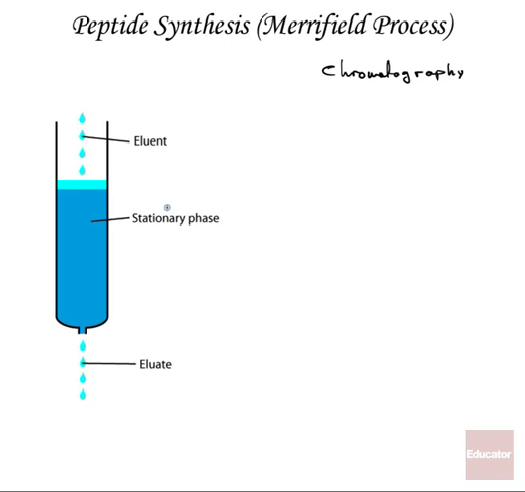So this stationary phase right here, these are our beads. So basically what you're looking at is just imagine a bunch of really tiny beads. That's it. You've got hundreds and hundreds and hundreds of thousands of beads. It's like sand basically. It's just like really finely ground sand.